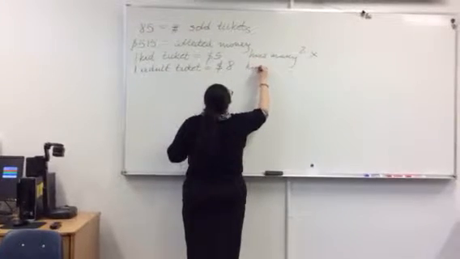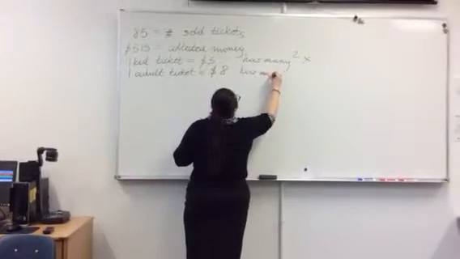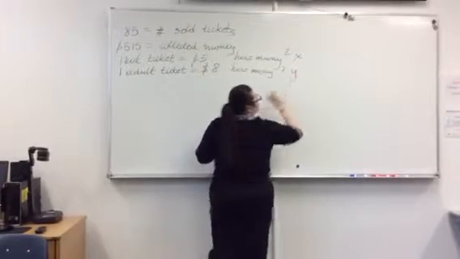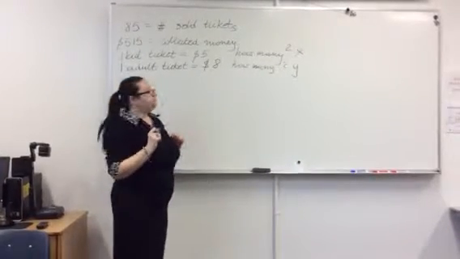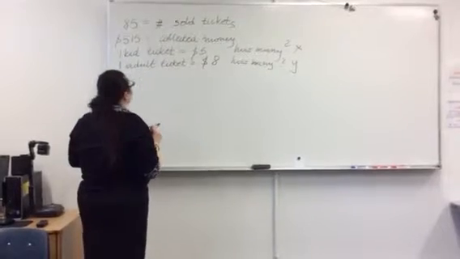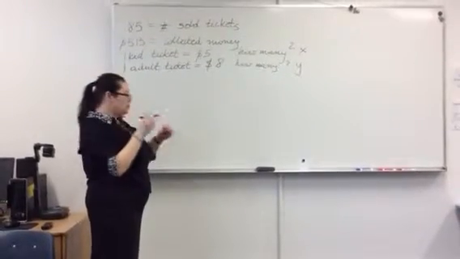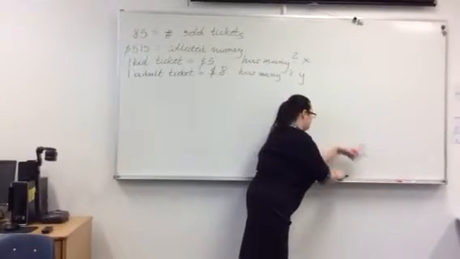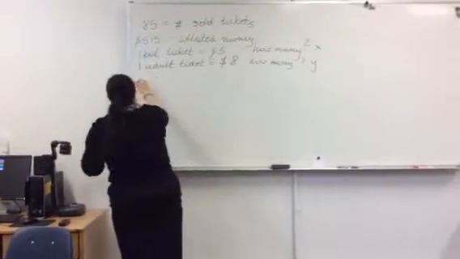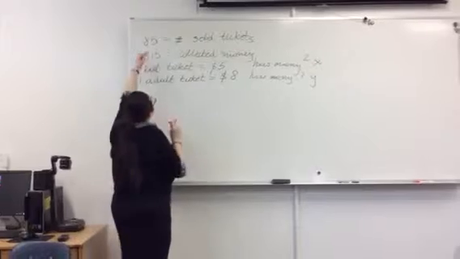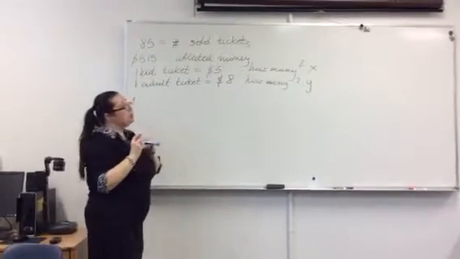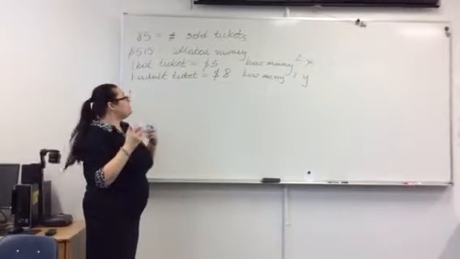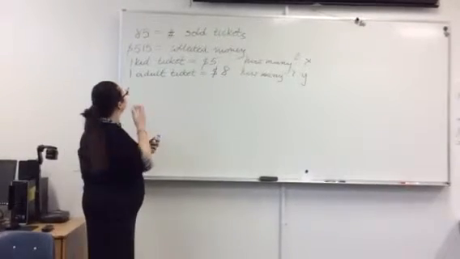And we don't know how many adult tickets, and we will call it Y. So, with two unknowns, we need to create two equations. One equation will have something to do with the number of sold tickets, and the other equation will have something to do with the price, right?